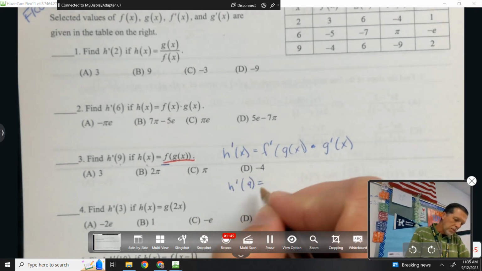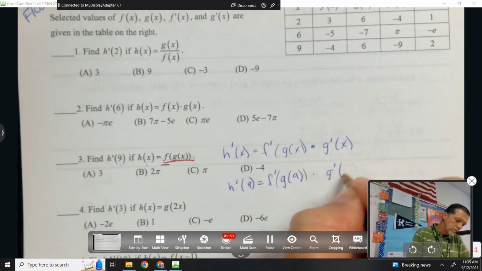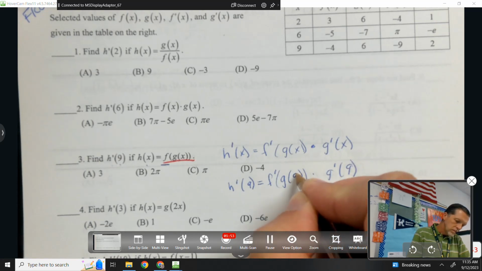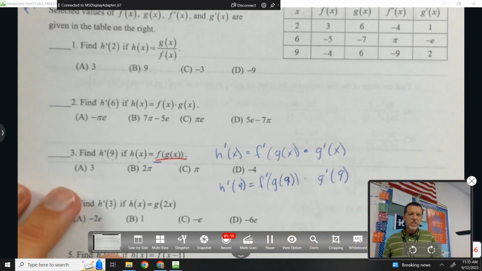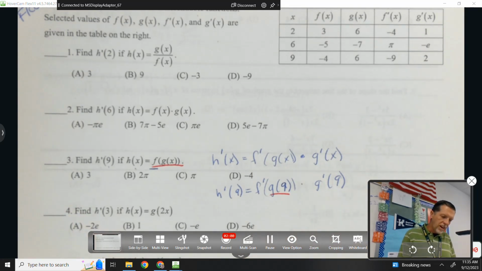All right, h prime of 9. So 9 goes in for x everywhere. So g of 9, but I go to the table, and g of 9 is equal to 6.